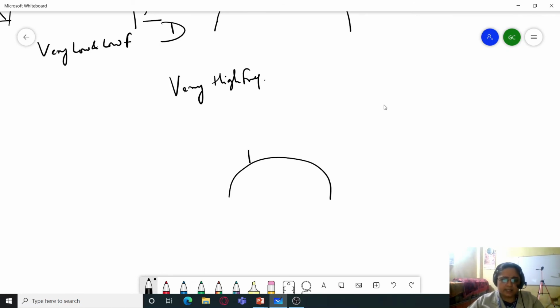Hence, they need line of sight propagation. That is, both the source and the destination antennas should be in direct line of sight of each other, so that they can transmit and receive signals, and there should be minimum or no obstacle in between. So this is known as line of sight propagation.